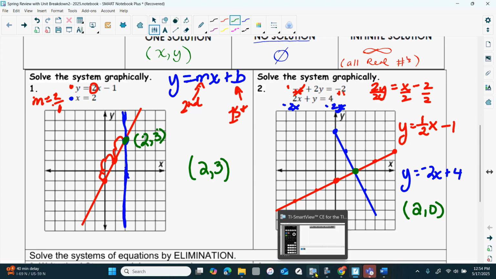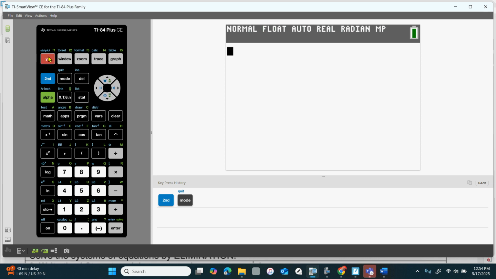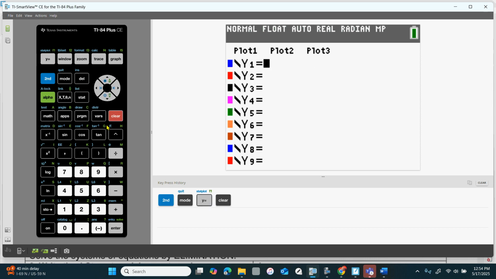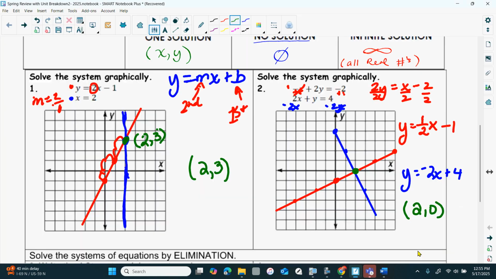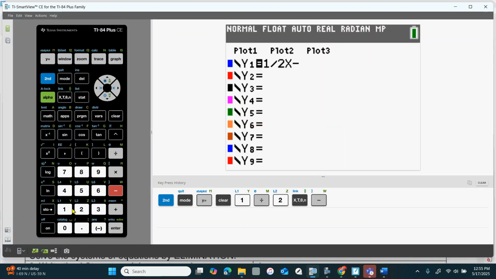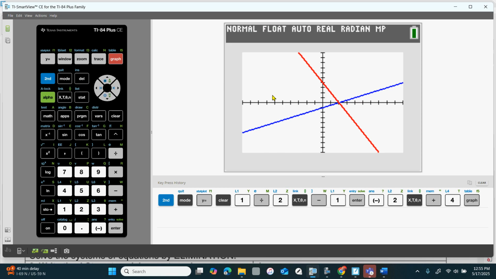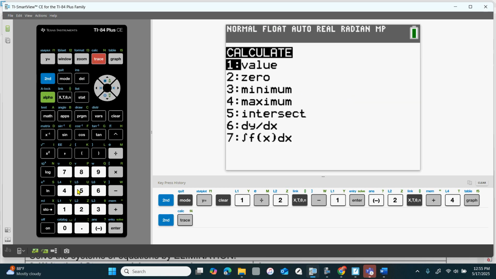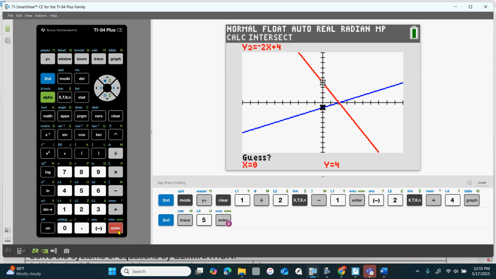You just have to go to y equals, and we had 1/2 x, I believe it was minus 1, and then negative 2x plus 4. You want to graph them. If you can't see or understand what that point is, remember you can do second trace, 5, and enter 3 times. Okay, and there's your intersection.